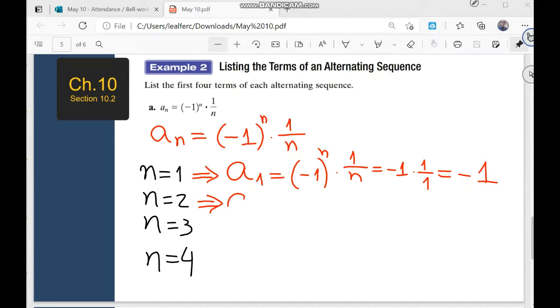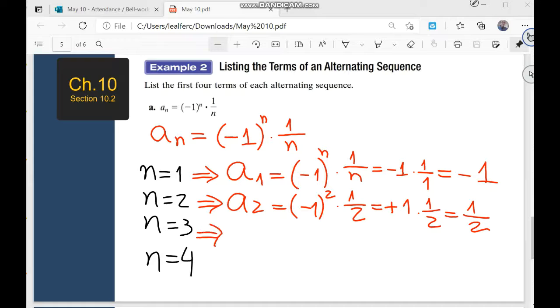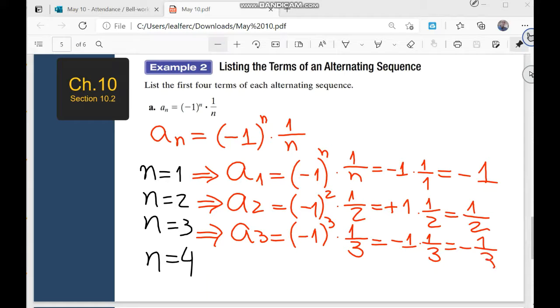The next term, a2 equals negative 1 exponent 2 times 1 over 2, and negative 1 squared is positive 1 times 1 over 2 equals positive 1 over 2. Now a3 equals negative 1 cubed times 1 over 3. Negative 1 cubed is negative 1 times 1 over 3, negative 1 over 3.